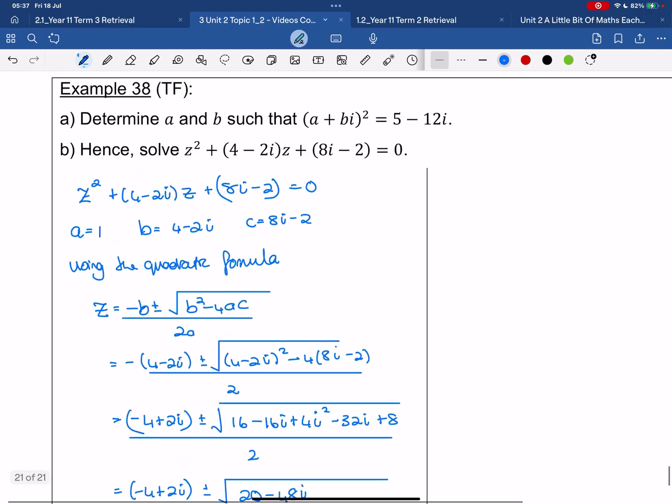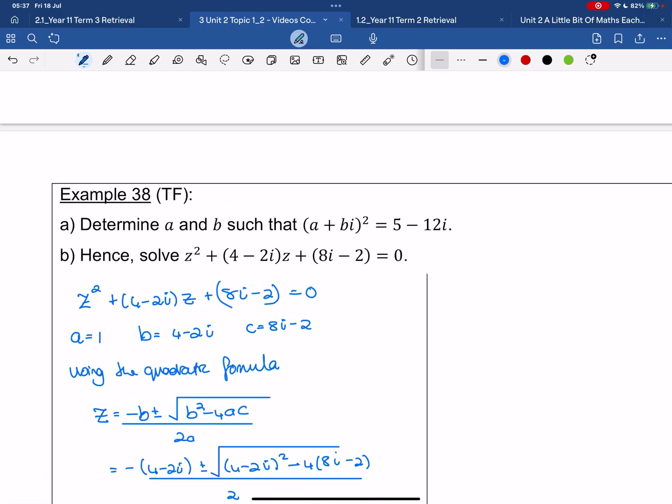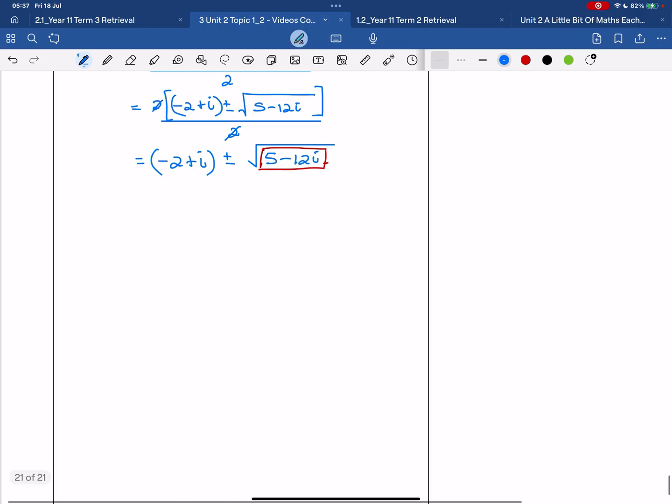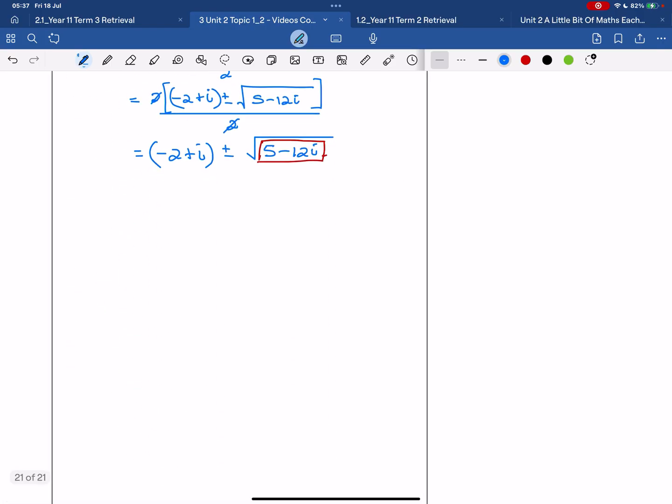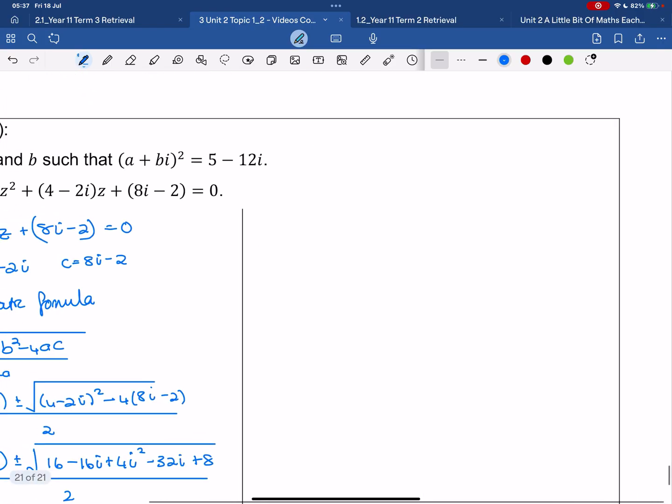All right, so now we go to the A part. Determine a and b such that (a + bi) all squared, because if I've got something that's all squared, I can take a square root, is equal to 5 minus 12i. Notice, it's the thing inside my square root. So what I'm looking for is (a + bi) all squared equal to 5 minus 12i.